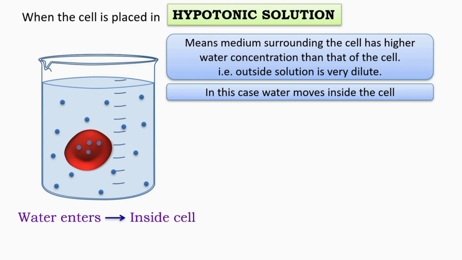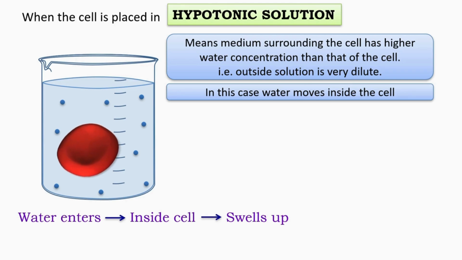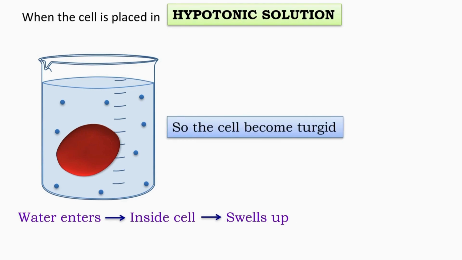So water enters inside the cell and it swells up. So the cell becomes turgid, means swollen.